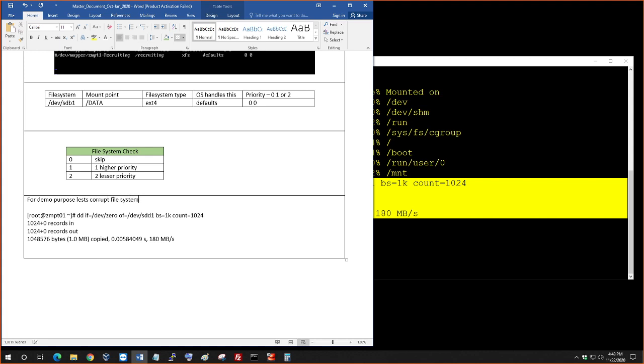Okay, so this command takes out one corrupted block size, triggering an emergency mode.